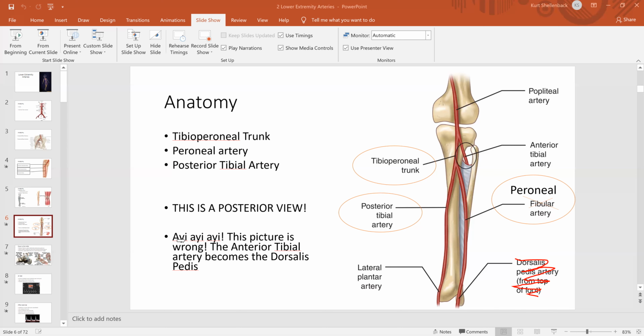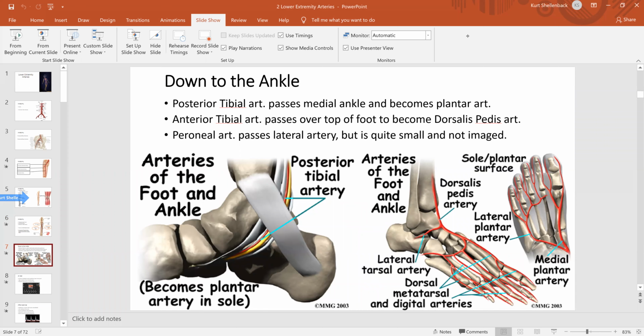And if you're doing ankle brachial index, an ABI, that is one of the arteries in the ankle you look at when taking blood pressures. The anterior tibial artery passes over the top of the foot to become the dorsalis pedis. That is the other artery we look at. And the peroneal artery passes laterally, but it's quite small, it's not imaged, so we don't really look at that one so much.